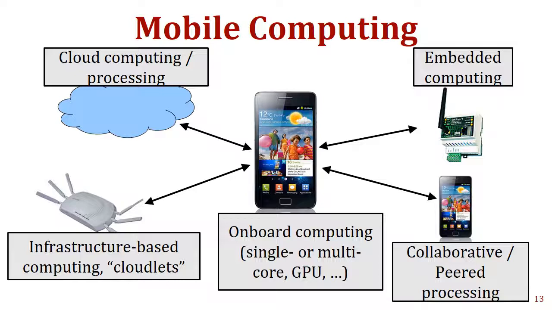For example, when you are using Siri or other voice command services, most of the data will be sent to a cloud server to learn what you are talking about. So it's a very important model to get data from the smartphone, send it to a cloud server for processing, and return the result to the smartphone.